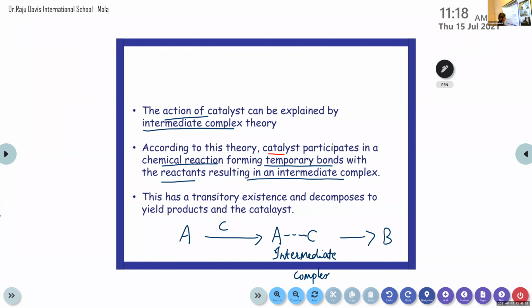Do you remember the example of hydrogen iodide, HI? The formation of hydrogen iodide: H2 plus I2 giving 2HI. Do you remember those steps?